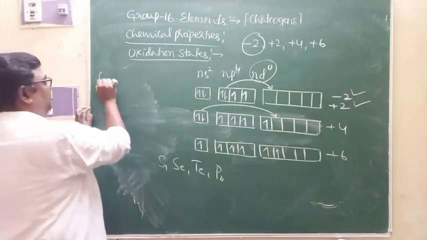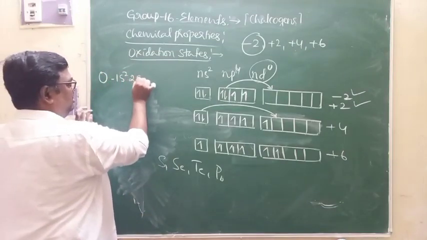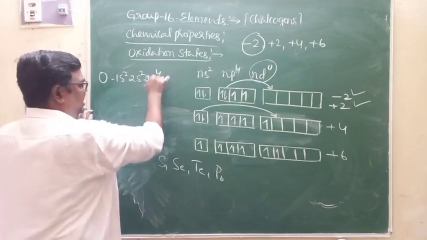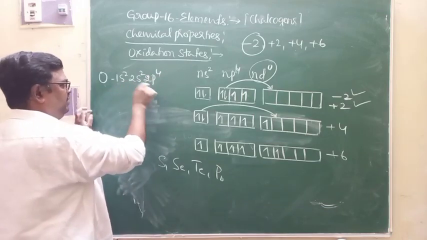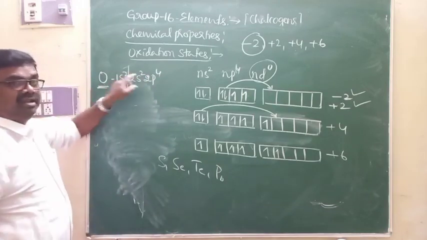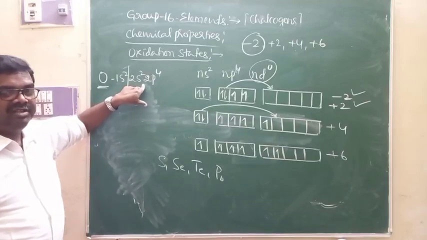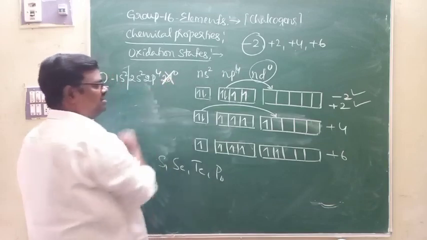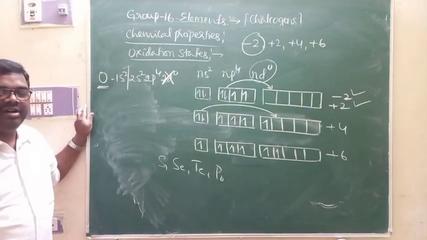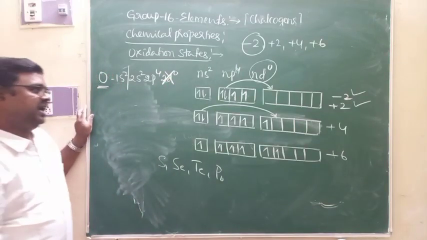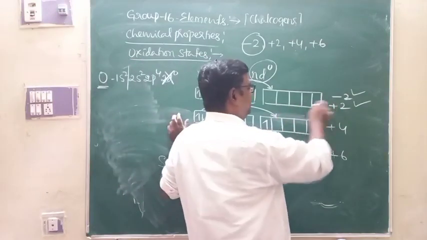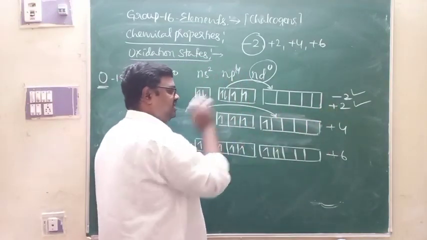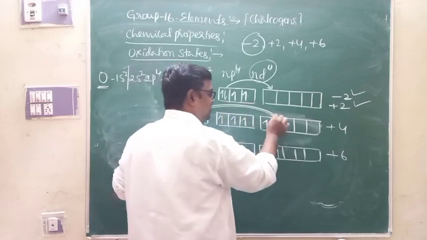D subshell is not available in the case of oxygen, where we have the configuration 1s2, 2s2, 2p4. In oxygen, electrons are present in the second main shell, where we don't have 2d. In the second main shell there are no d orbitals. So if d orbitals are not there, I can't expect this particular shifting.